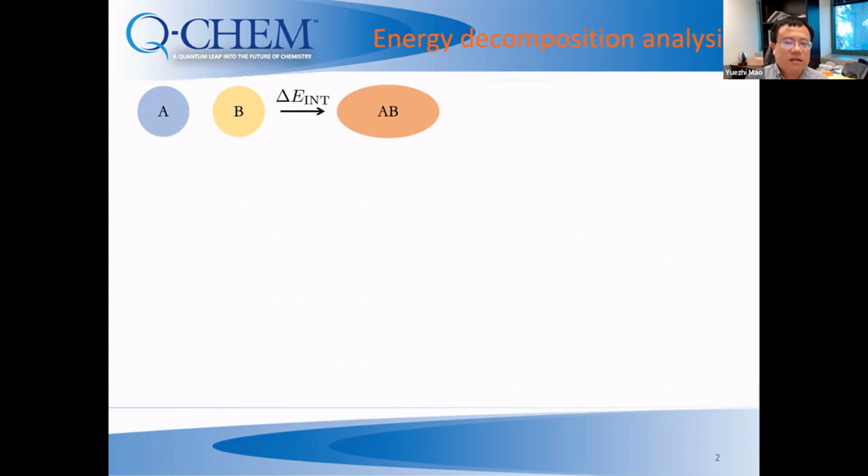One typical approach to calculate the interaction between molecules is the so-called supramolecular approach. You pick your favorite quantum chemistry method and then calculate the energy difference between the intermolecular complex and the sum of the fragment energies for each molecule in your complex.